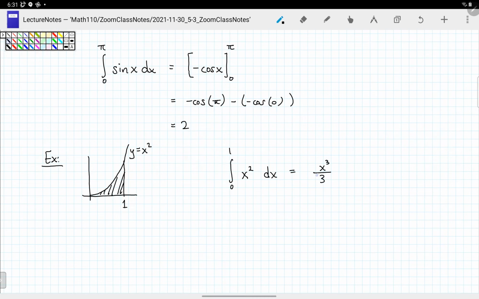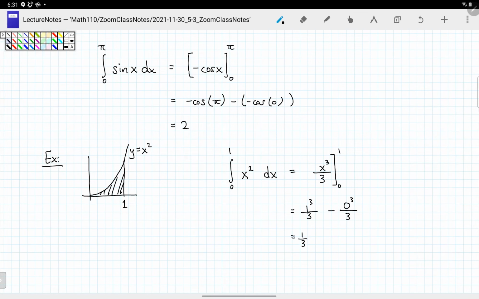Okay, so here's my antiderivative, and I'm going to evaluate it from 0 to 1. So this is going to be 1 to the third power divided by 3 minus 0 to the third power divided by 3, which is going to be 1/3.